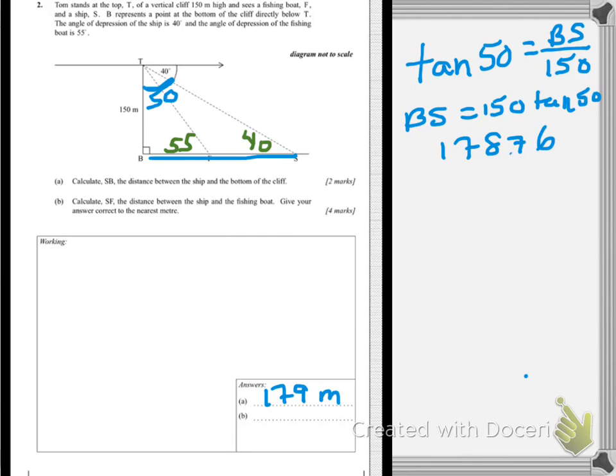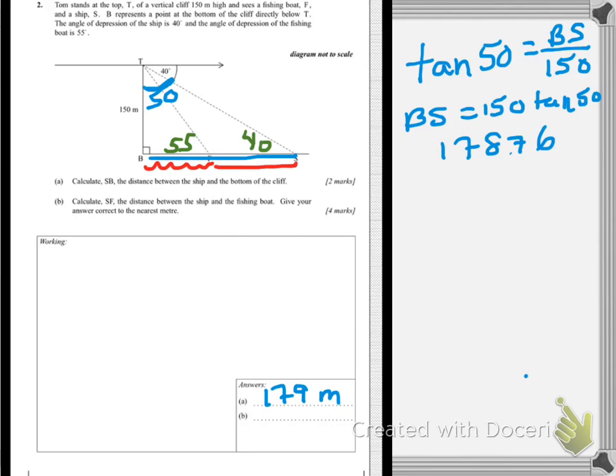All right, so now let's go to another color, because now we're going to go to B, and they want me to find out the length of FS. Okay, so do you see that if I find out what BF is, then I can subtract that from 178.